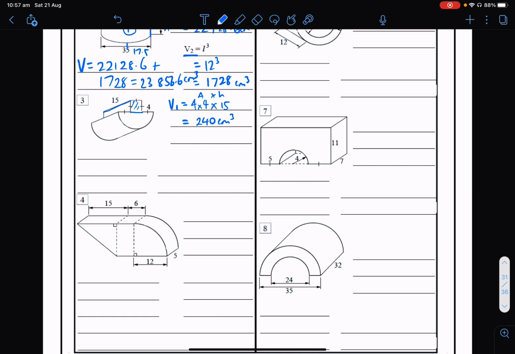The second volume is going to be half of that cylinder. So remember the volume for the cylinder, or half the cylinder, was a half times pi times the radius squared and then times by the height. So let's do that. So if we go a half times pi, our radius, well, let's work out our radius now.